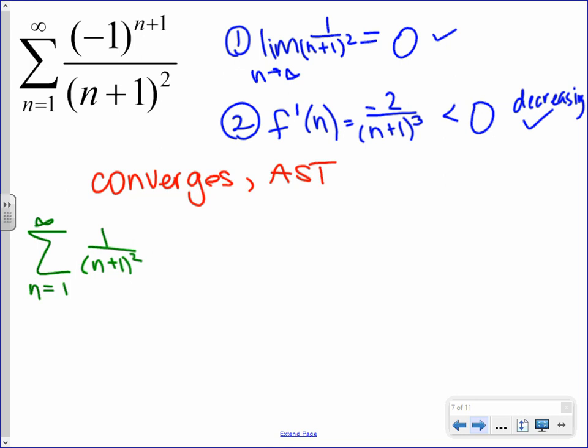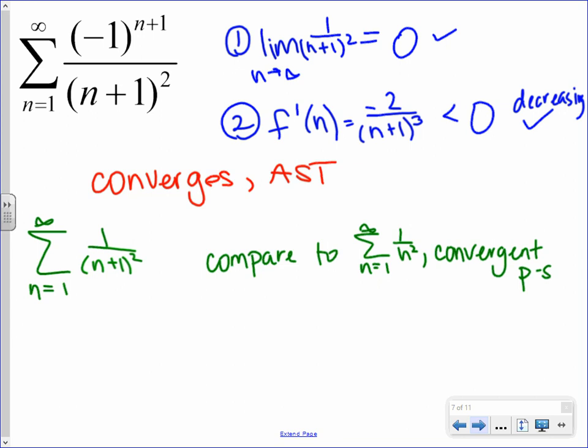N squared. You want to compare it to 1 over n squared? Okay, so we could compare to the series of 1 over n squared, a convergent p-series. And are we doing direct or limit? Can't we do direct?